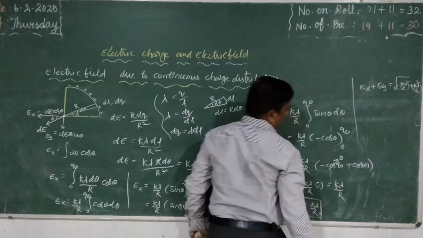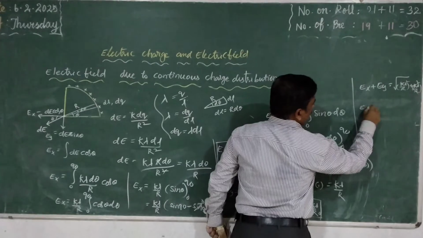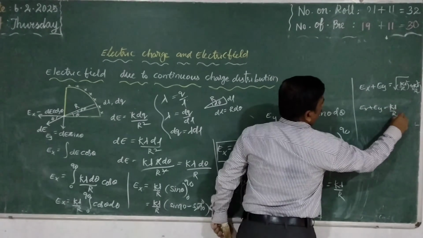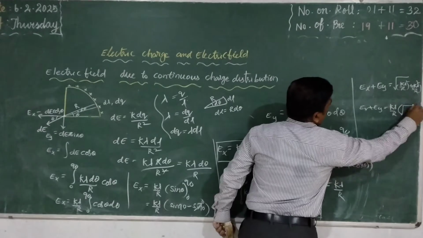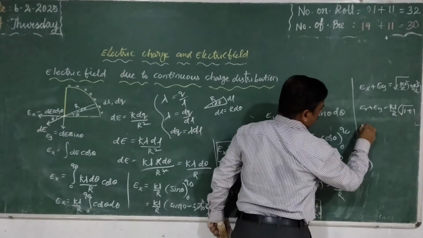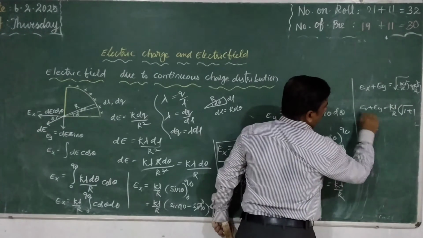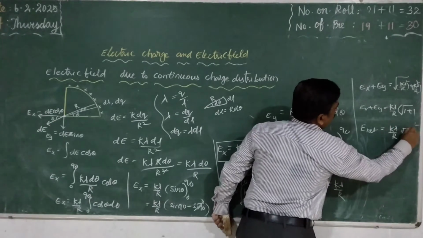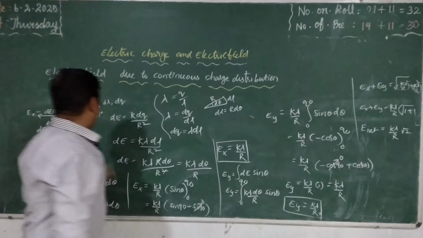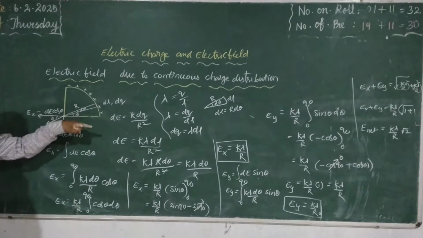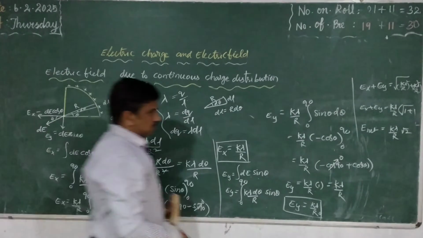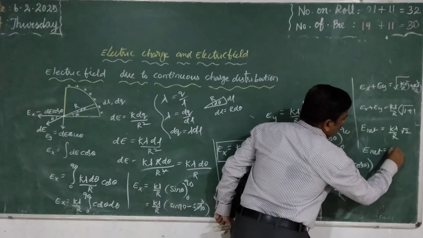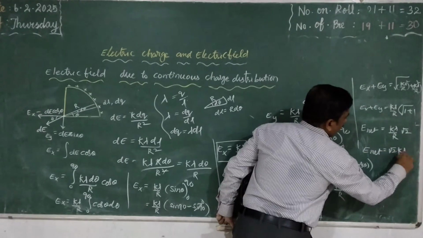Taking k lambda by r outside, we have root of 1 plus 1. So the net electric field due to the quadrant of continuously charged rod is E net equal to root 2 k lambda by r.